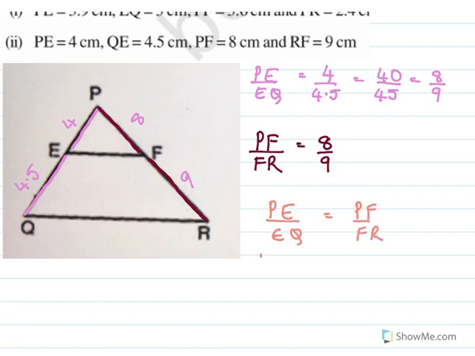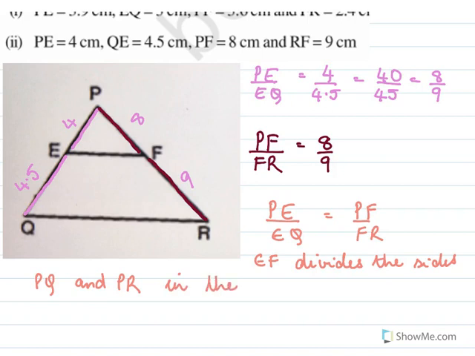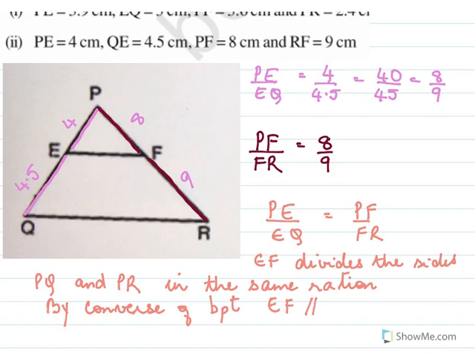So we can say that EF divides the sides PQ and PR in the same ratio. So by converse of BPT, EF is parallel to QR.